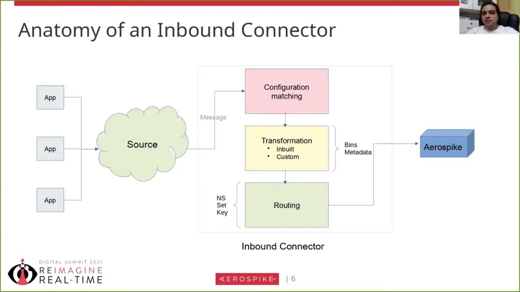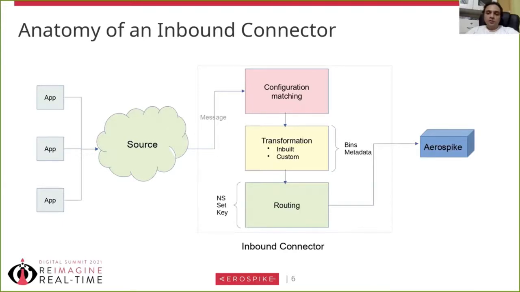The first piece is the bins, which is a set of key value pairs that you store with an Aerospike record. The second piece of information is metadata, which includes things like the time to live or the expiry for the Aerospike record. The routing phase then determines which namespace, set, and primary key this record should be sent to.